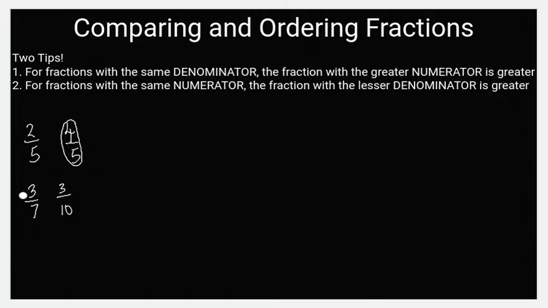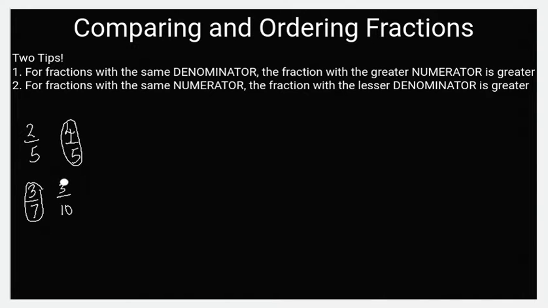So when the numbers at the top of two fractions or more are the same, the greater fraction, if you have two, or the greatest fraction if you have more than two fractions, will be the fraction with the lesser denominator, or the least denominator, as the case may be. So in this particular case where we have two fractions, this is the greater fraction.